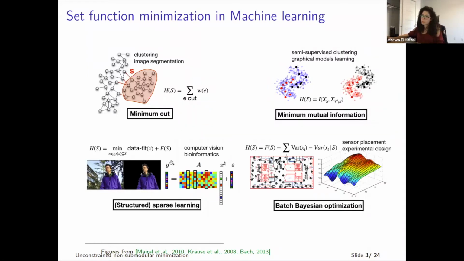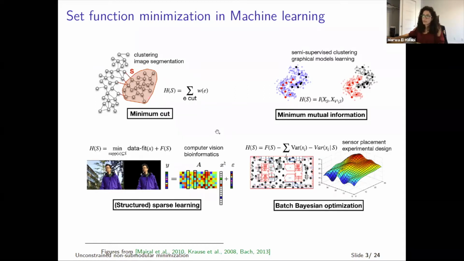Here I'm just showing some examples. These are obviously not all the problems related to set function minimization. Some examples would be problems where we have a graph and we want to minimize the cut. So we want to select some nodes in a graph such that the number of edges that have one element inside and one outside is minimized.